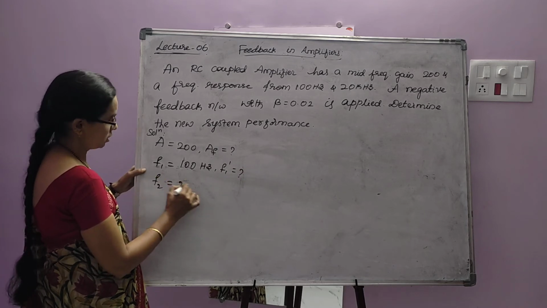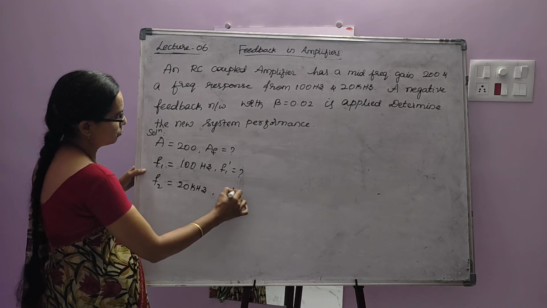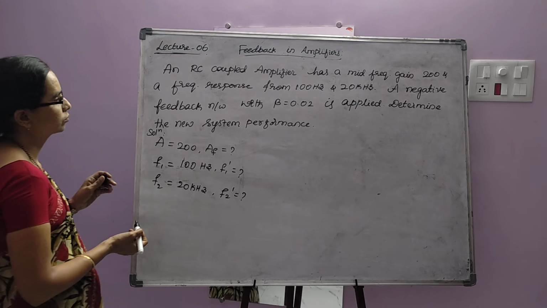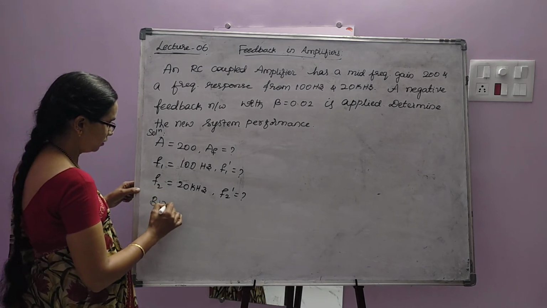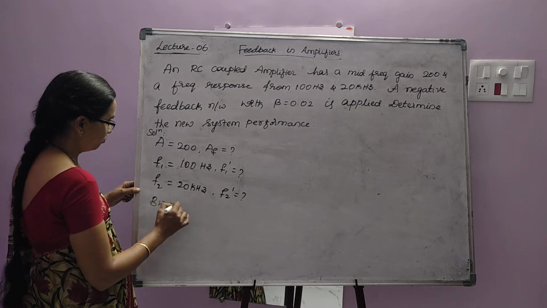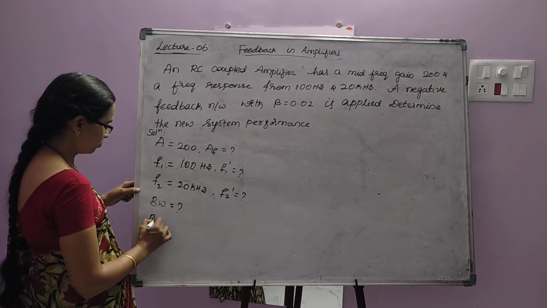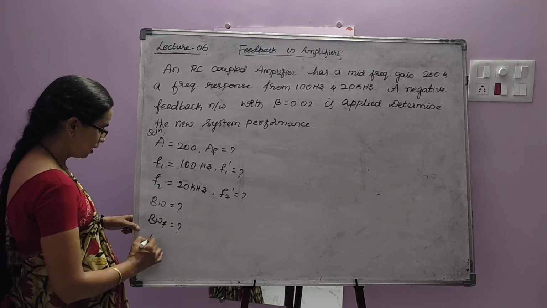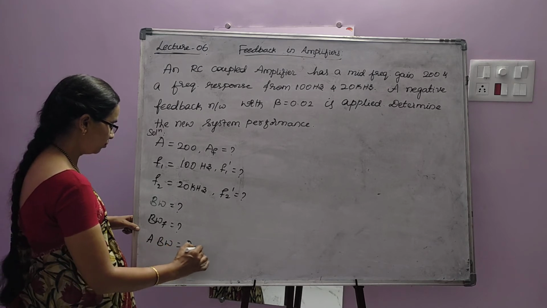F2 they have given, that is 20 kilohertz, F2 dash we have to calculate. Then bandwidth, and bandwidth with feedback. Also we should ensure that the gain bandwidth product should be equal.